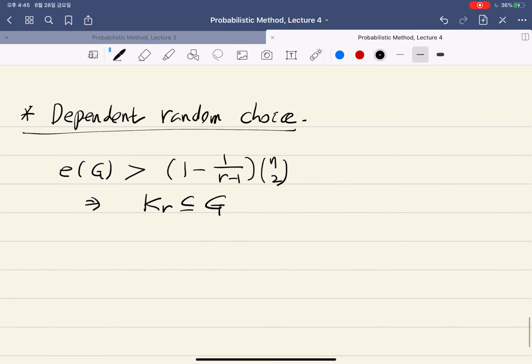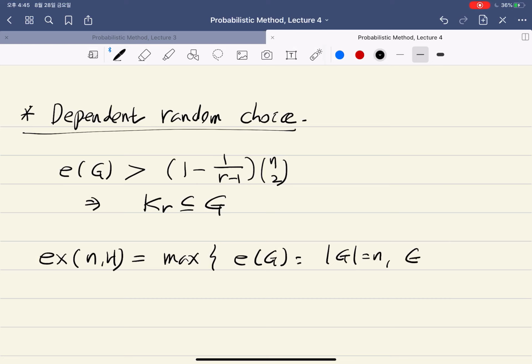In extremal graph theory, or Turán theory, what we are interested in is this extremal function, which is the maximum number of edges in an n-vertex graph G that doesn't have H as a subgraph.